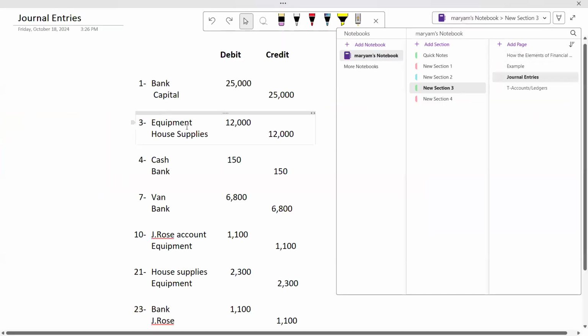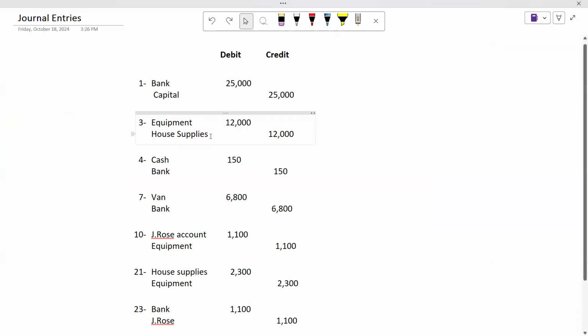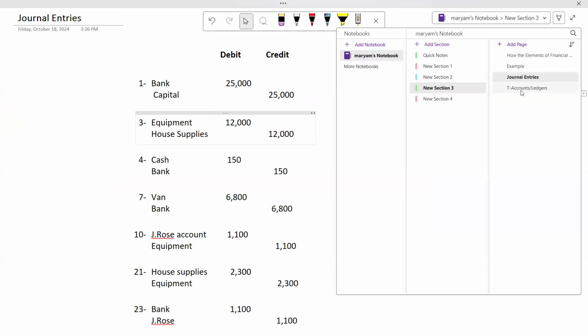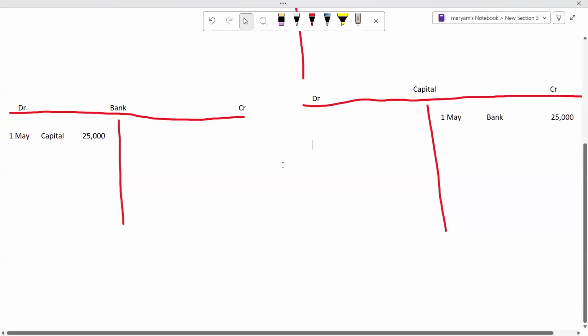The second journal entry is equipment and house supplies. House supplies is being credited. This is the liability account. I've already talked about it in the last video where we solved the example. So house supplies is a liability and it's called an AP account. Let's just forget about it now because we're solving the ledgers. This time I'm going to create equipment and house supplies T accounts.